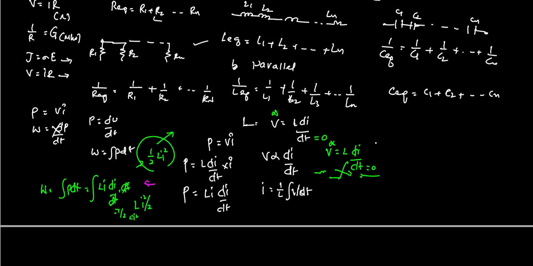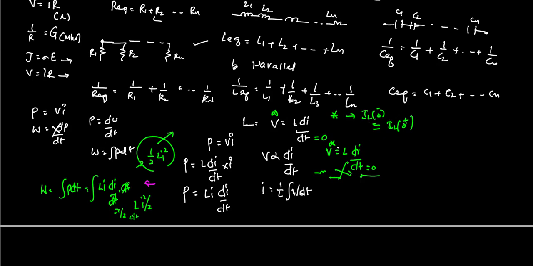Within zero time, the inductor current cannot change instantaneously, because an infinite amount of voltage is impractical. This is the first point you have to remember in inductance. Within zero time, inductor current IL of 0 minus, whatever the current before the switching action, will be the same IL of 0 plus.